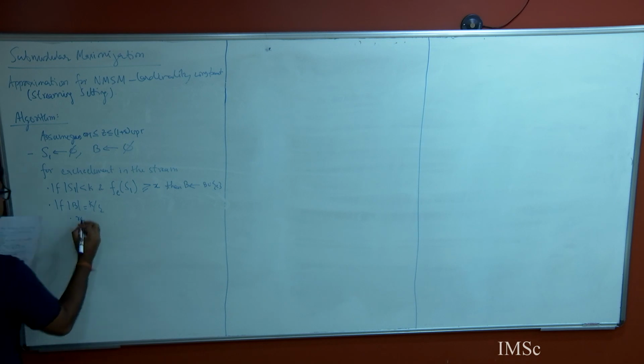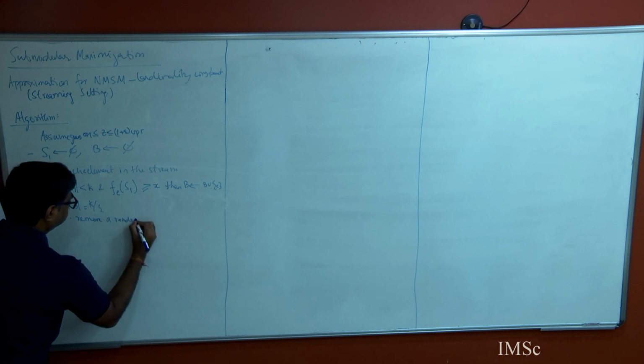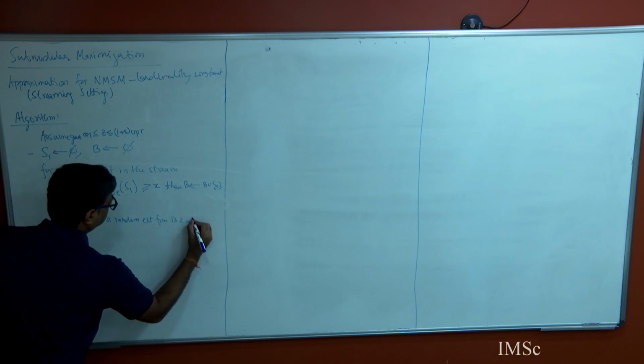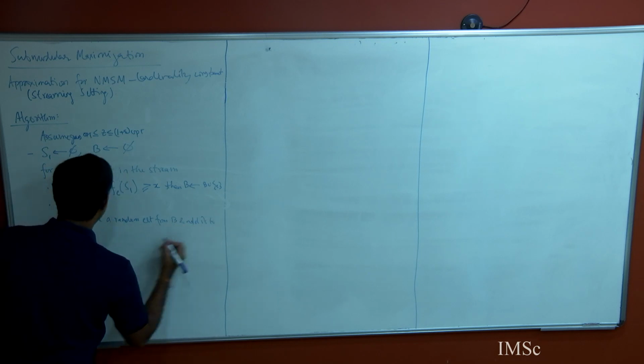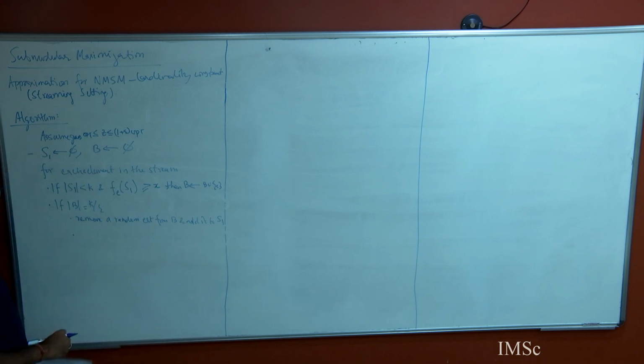So remove a random element from B and add it to S1. So this is what I do in this step. Till I can add many elements of B, I add them.